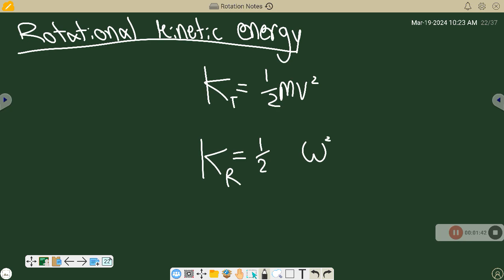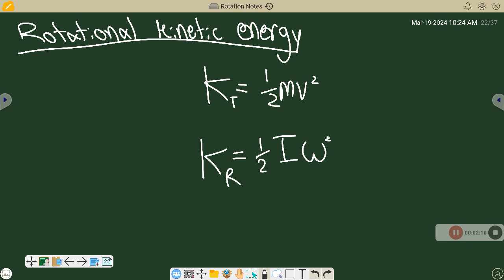We're also going to swap out mass for rotational inertia. That's kind of our rotational version of mass. I don't want to say that is that, because mass doesn't really rotate. It's not really linear, but it's kind of our rotational version of mass. So yeah, there you go. That is our new type of kinetic energy.